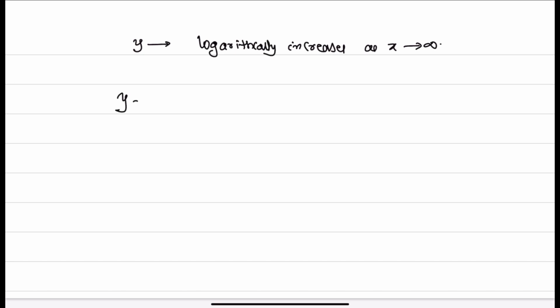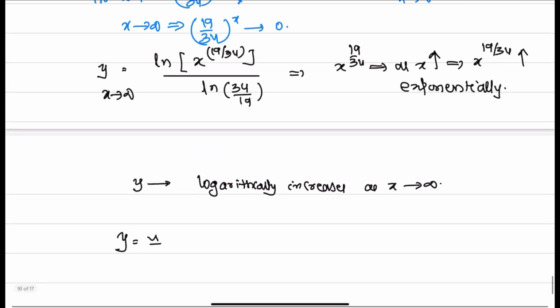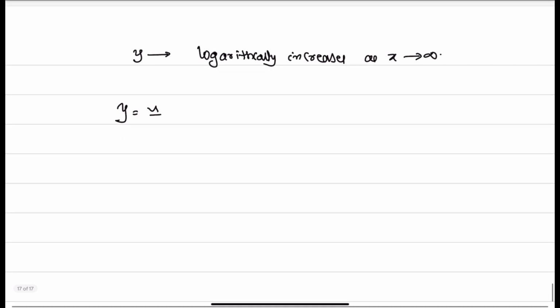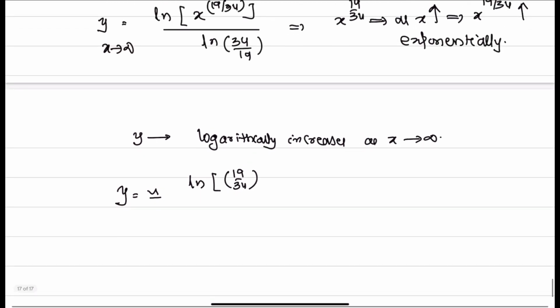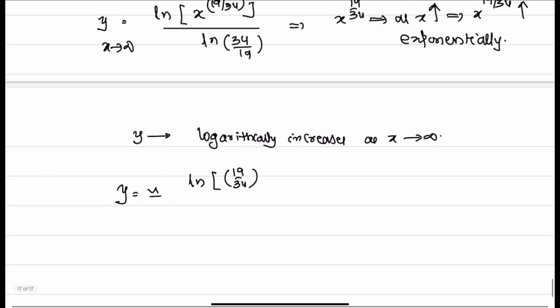Because y is approximately equal to this, this became 0, that means ln y is approximately equal to ln 19 by 34, some constant, x value to the power of some constant.